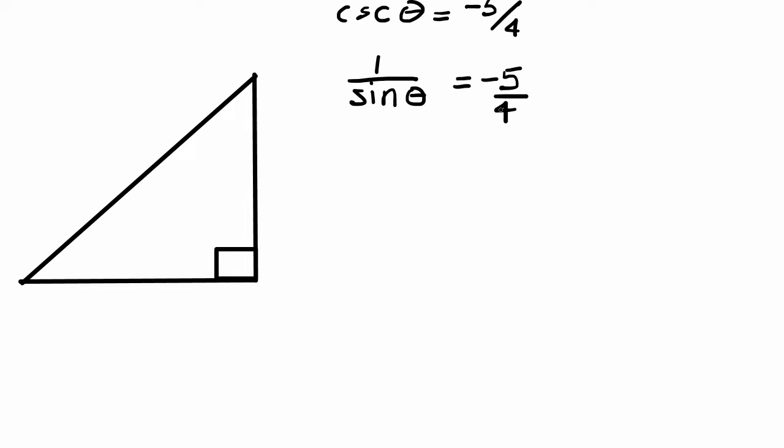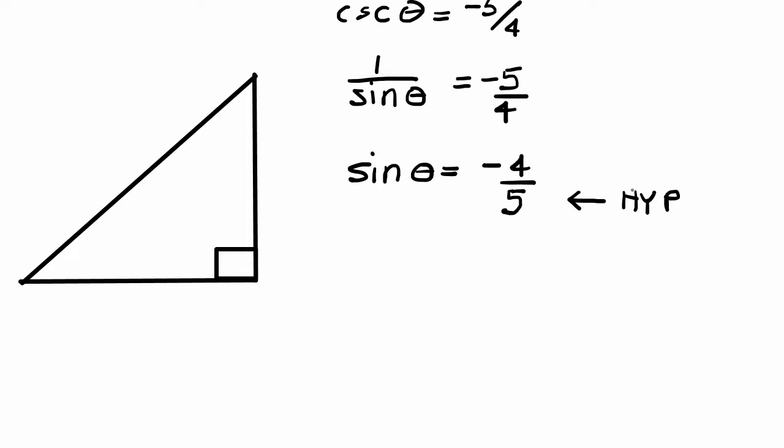So we'll multiply both sides by sine theta and also multiply both sides by minus 4/5, and that will give us sine theta equals minus 4/5.